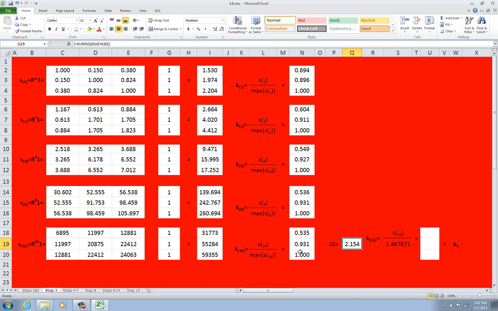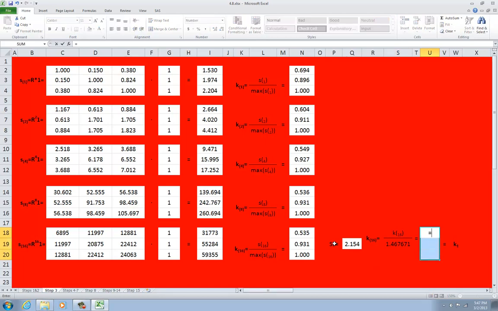So the final trial eigenvector k sub 16 is therefore normalized to 1 by dividing each entry in the vector by the magnitude of that vector, which is the square root of 2.154, which you can see here is 1.467, and that becomes the true eigenvector k1.